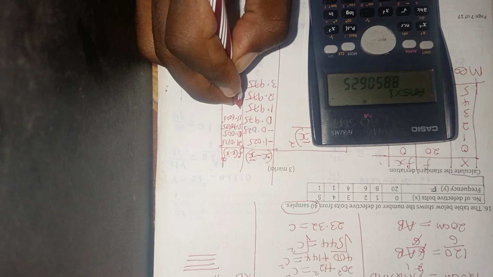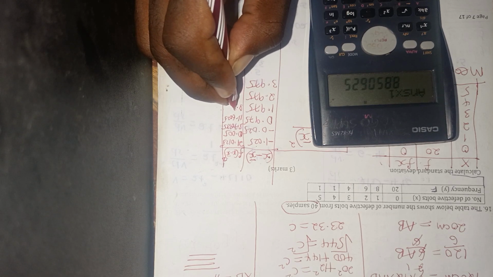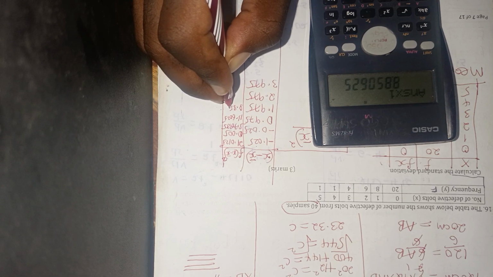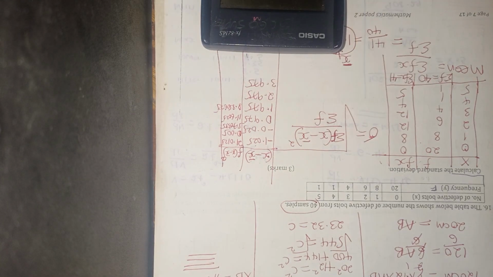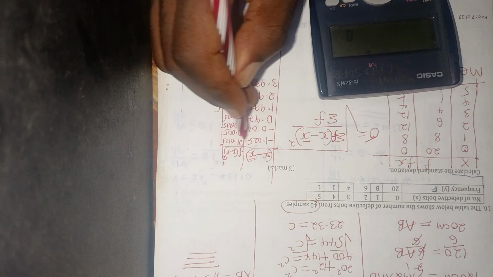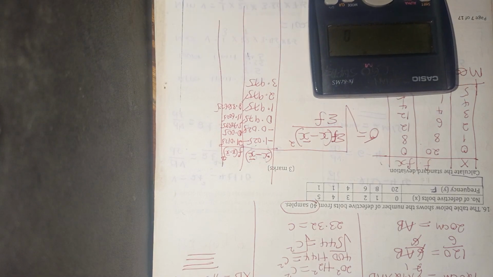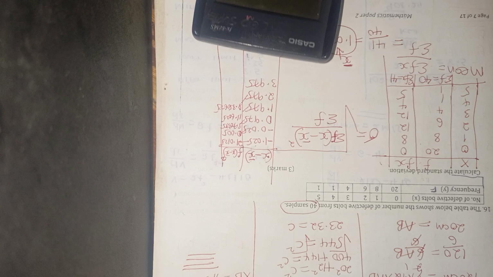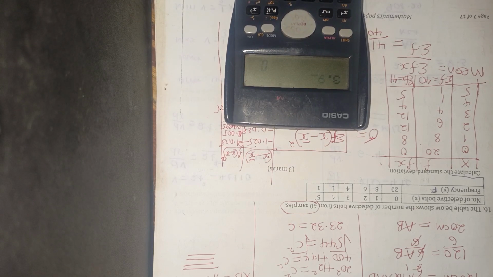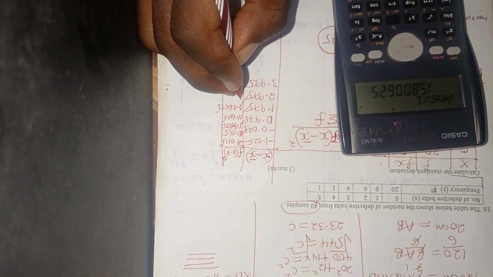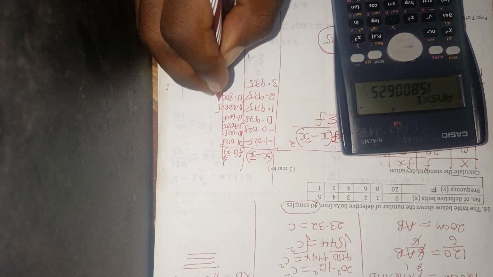So it will be 8.850625. And the last one is 3.975 squared. Then of course multiply by the frequency, which is 1. You just remain with 15.800625.